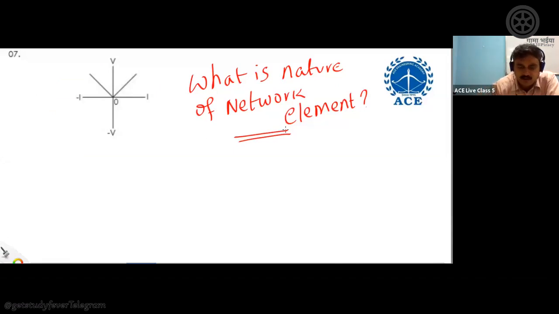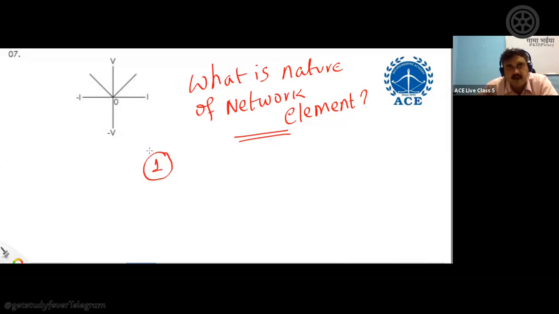Now tell me whether first it is linear or non-linear. What I told, if the input output characteristic graph of a network element is a straight line passing through origin, then it becomes linear. Otherwise it is non-linear. This is one way. If you are given in terms of expression, check for additive principle and homogeneity principle. Sum of inputs should give sum of outputs. Input multiplied by constant k, output also should be multiplied by the same constant k.